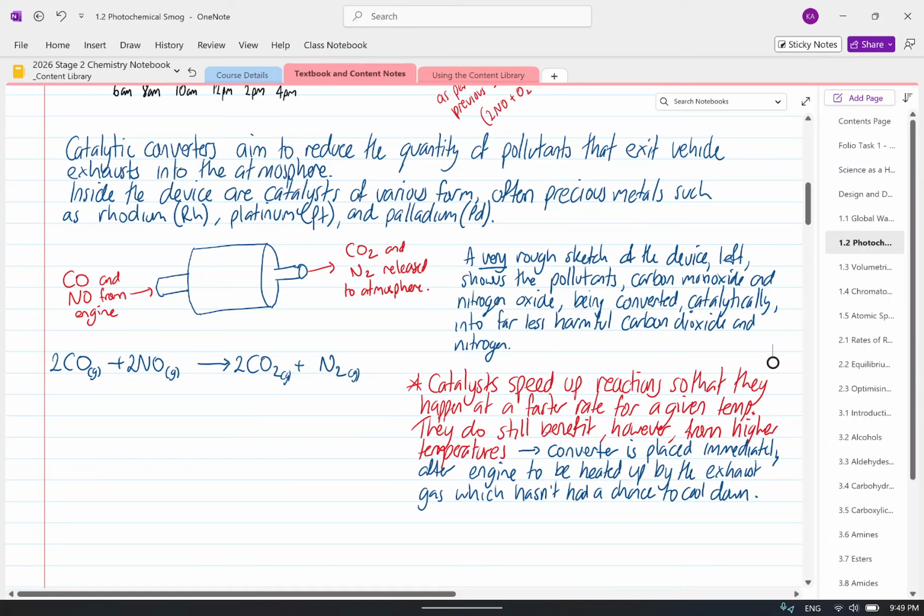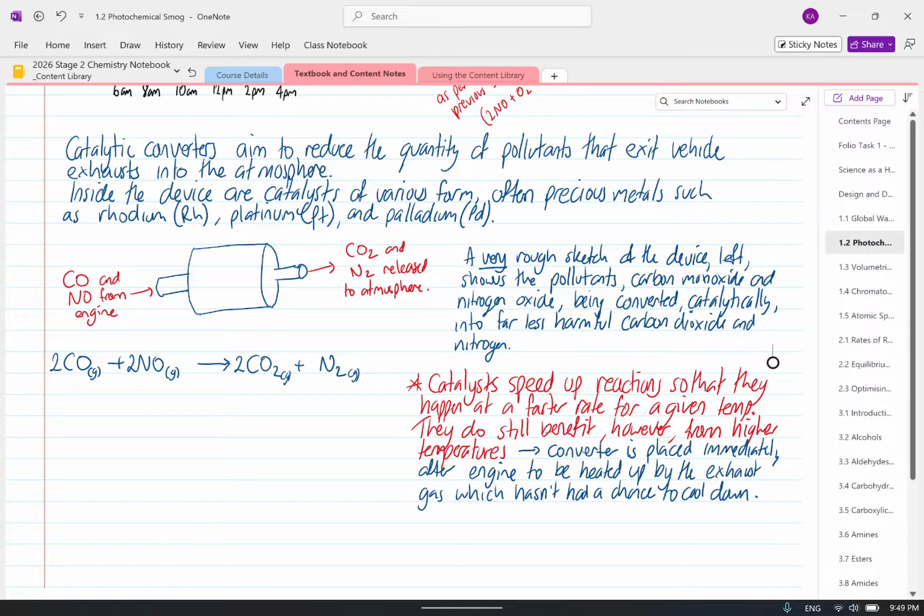Now, catalytic converters are special devices placed into the exhausts of motor vehicles, which are the major source of nitrogen oxide pollution. These devices take in the pollutants from the exhaust gas and convert them into less harmful products catalytically, which means it happens at a faster rate for a given temperature.